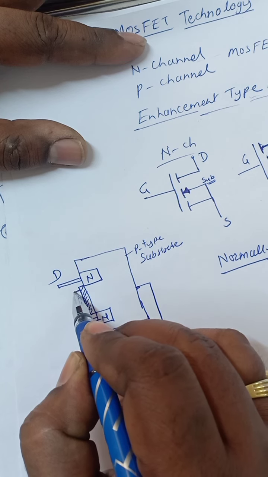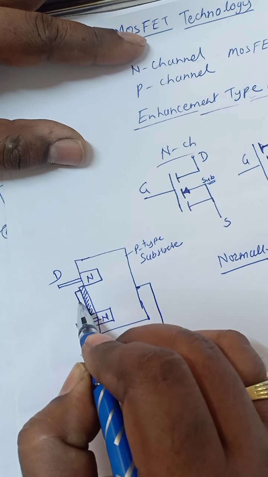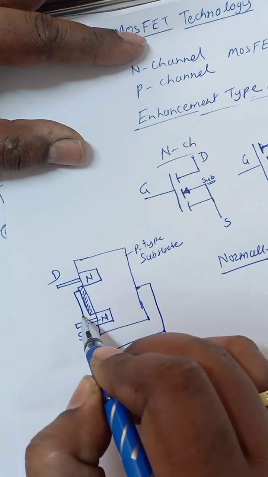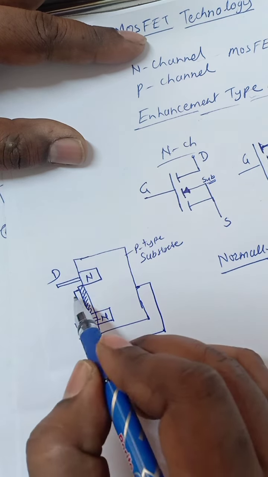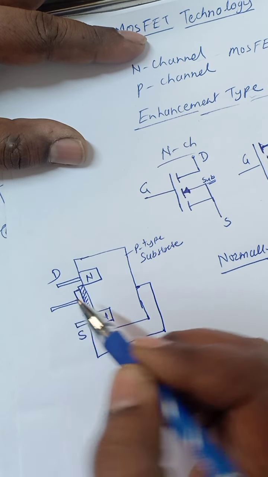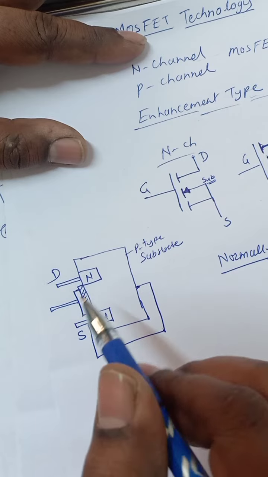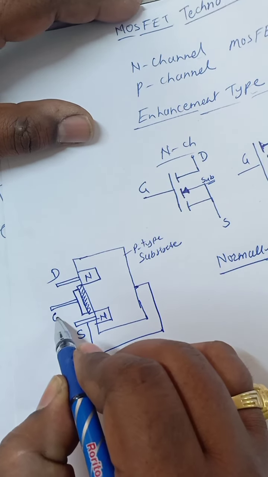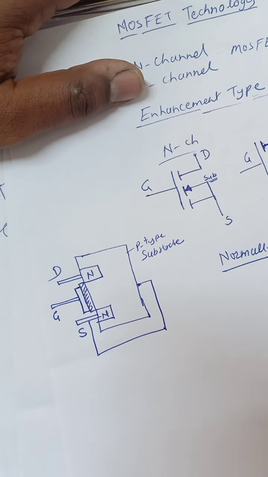Then a metal layer is also formed over the oxide layer, and one external contact is made, and that is the gate terminal.